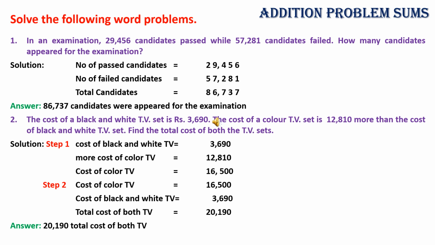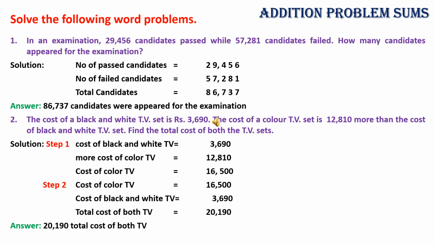Now the cost of color TV is 12,810 more than black and white TV. So first you add cost of black and white TV and more cost of color TV, and that is equal to 16,500.